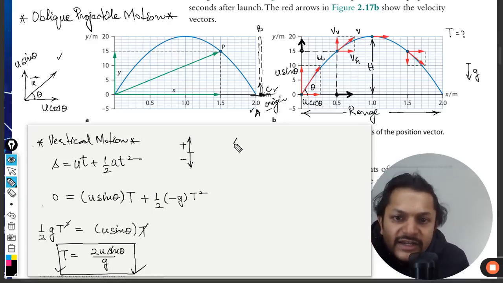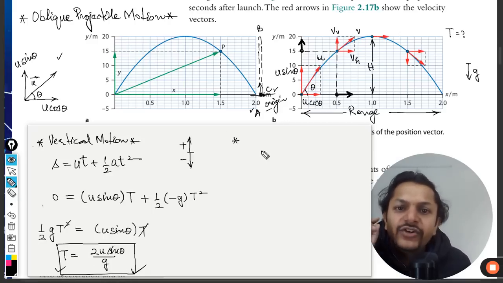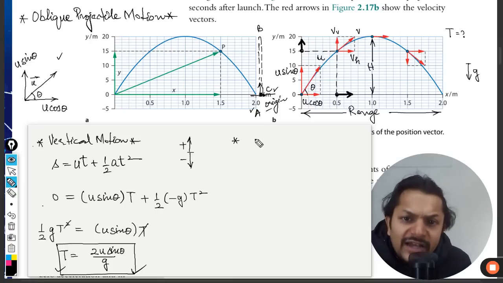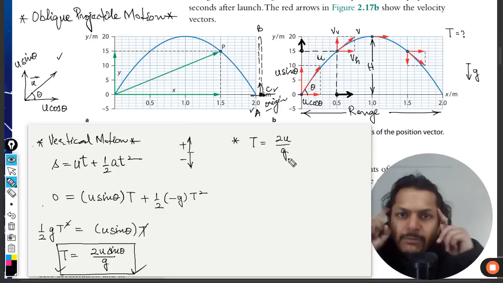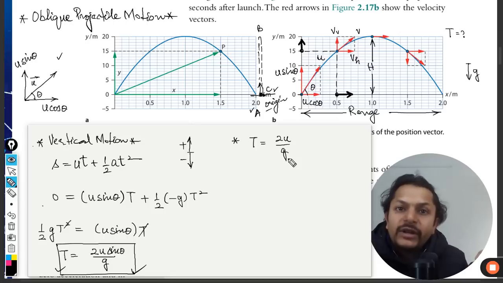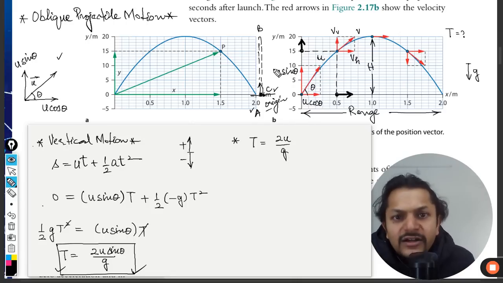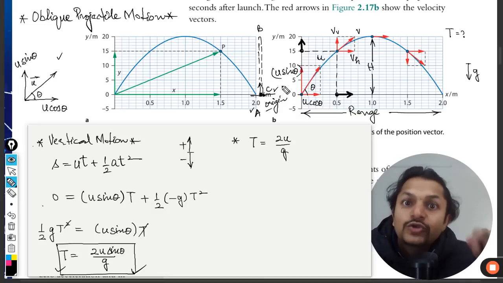I am going to relate it with the formulas that we have derived in the vertical projectile motion. At that time, there was a direct formula that we found, and that was 2u by g. So I was remembering that. Even if you remember it, you can directly apply this formula. You can say that I know that the formula is 2u by g, and here the u is actually not u, but it is u sine theta.